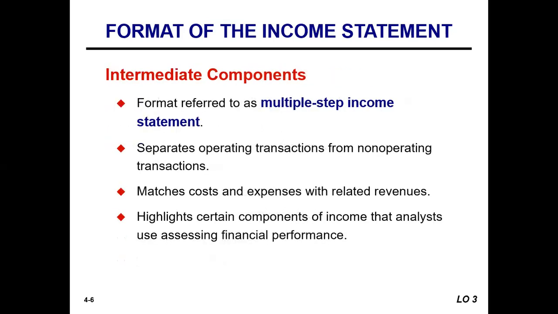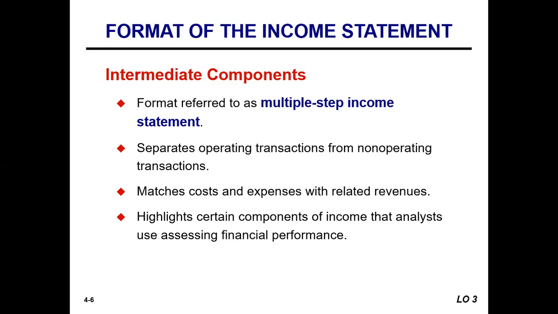All right, so some of the other components, and I touched on this a little bit when we looked at our income statements in chapter 3. We refer to these type of income statements as multi-step income statements, because it's not just simply revenues minus expenses equals net income like it would be in a single step income statement.